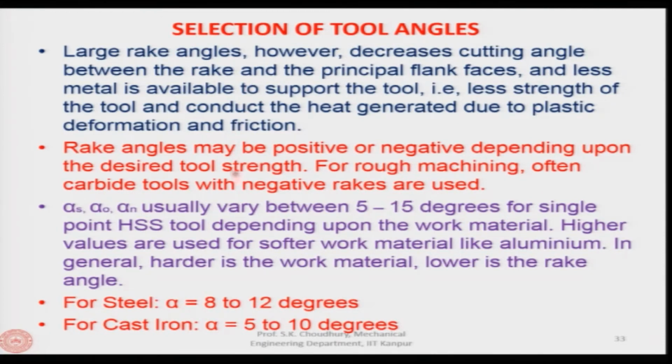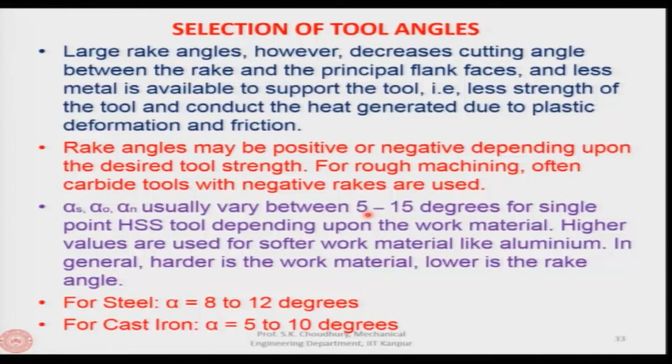Now, here it is said that if we have, for example, high speed machining, or you need rough machining, then you have to have a lower value of the rake angle, because a lower rake angle will give you a fatter tool and more material available for heat conduction. So this is how judiciously you have to find out which exact value you will be taking, depending on what is available, the combination of the workpiece and the tool, the material of the tool, and so on.